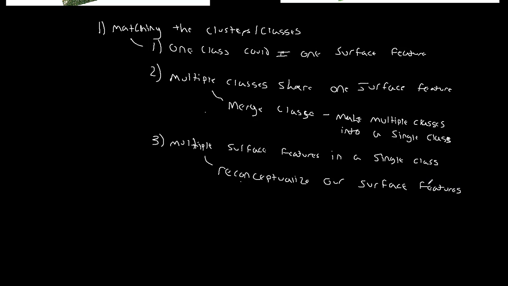Maybe that was too much of an ask. This image just doesn't have the spectral and spatial resolution necessary to be able to separate out the forest from the golf course, and we need to just accept the fact that our surface feature is going to be vegetation.